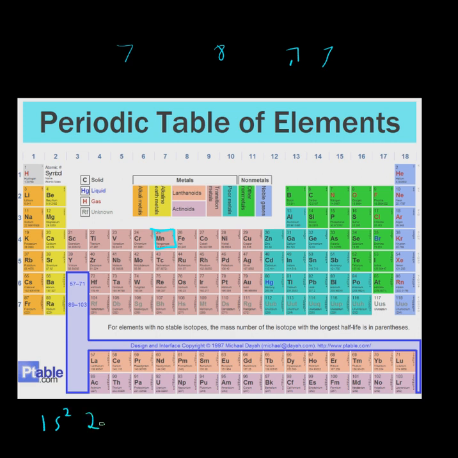Then I go to 2s because I go back down and to the left again, so I start at lithium, but then I'll count lithium and beryllium, so I'll have 2s2. I just go to the right, or my apologies, 2p6, because that's going to be entirely filled out.